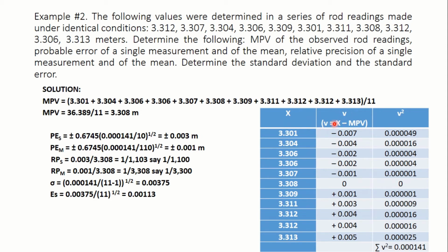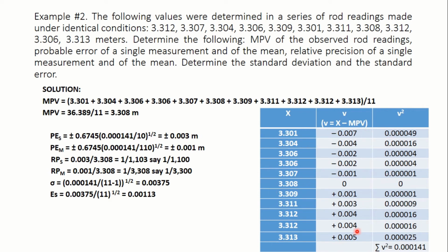So, which is just we subtract MPV from the observations. So, 3.301 minus the MPV, 3.308 is just negative. Okay, mas malaki yung MPV kaysa ito. So, negative 0.007. Pag i-square natin, ayan ang lalabas. I-square natin to. Magiging positive na siya.